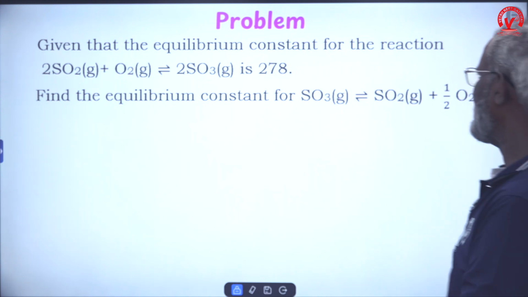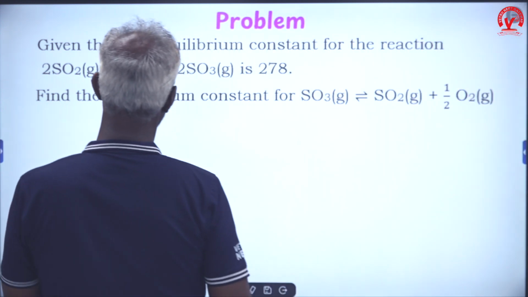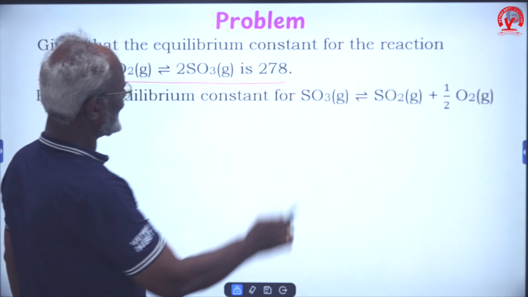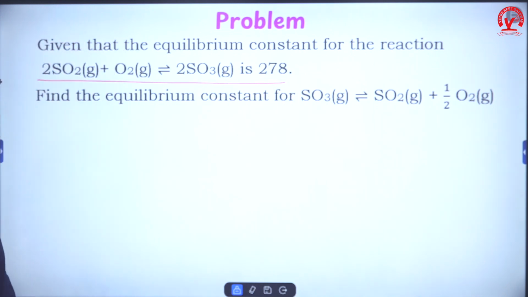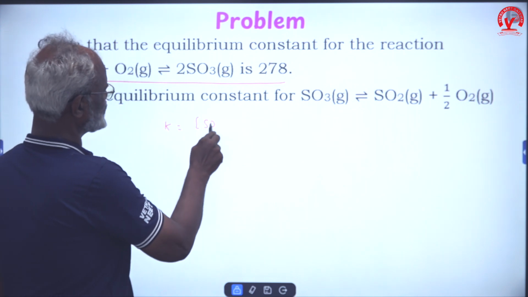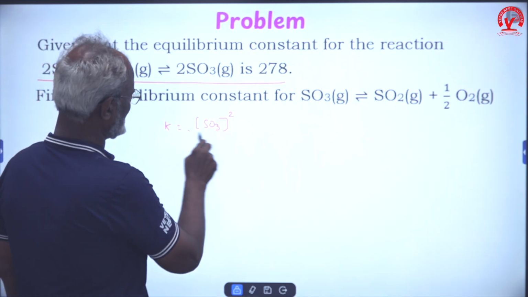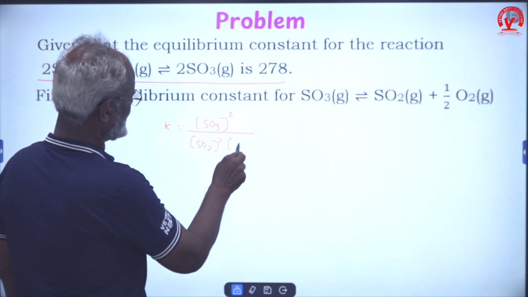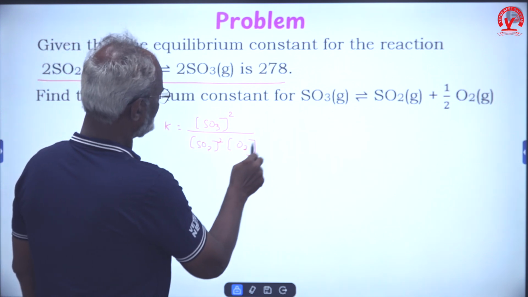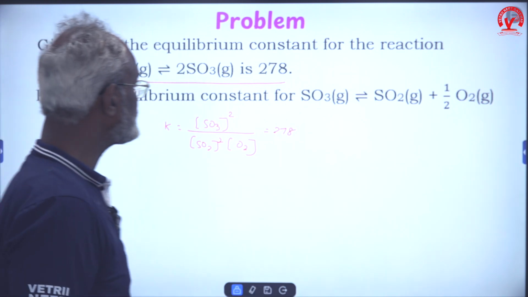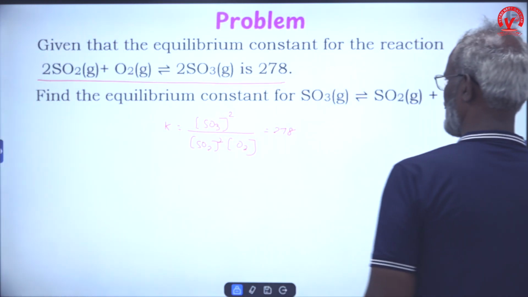Given that the equilibrium constant for the reaction, right? You are given like this. For this equation, the equilibrium constant is 278, right? So we'll write K is equal to SO3 square divided by SO2 square O2. So the value is 278, right?